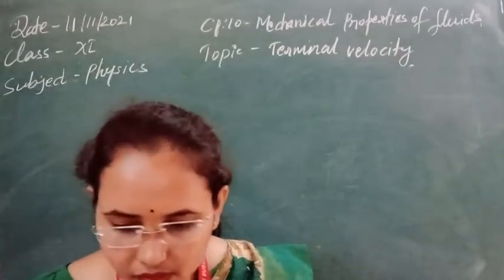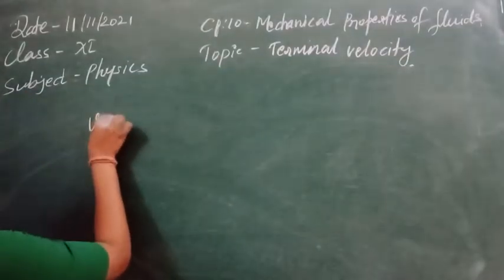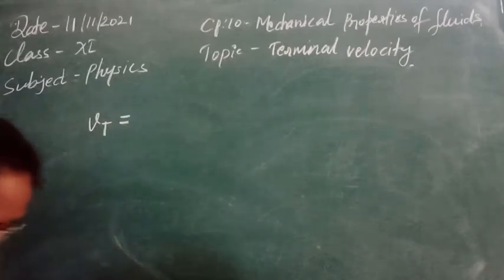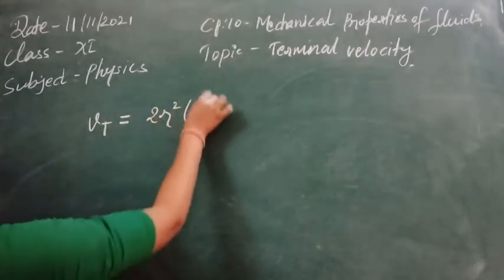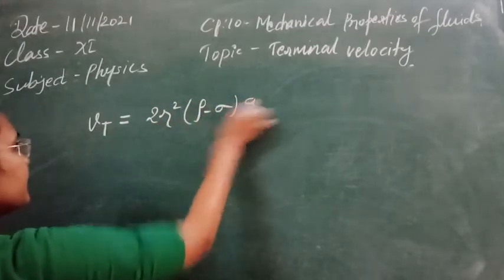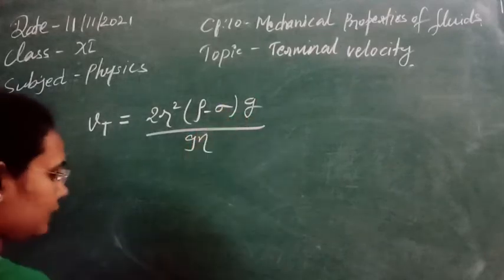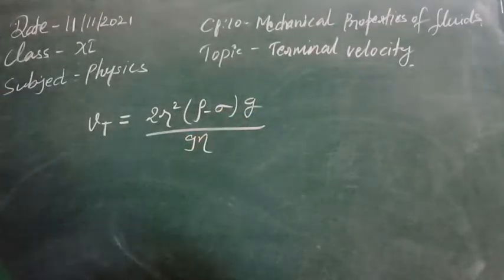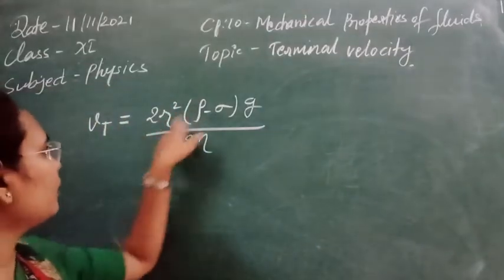Here, the terminal velocity that we calculated in the last class was Vt equal to 2r square (rho minus sigma) into g, divided by 9 into eta. So this is the value of terminal velocity that we have got. Now we can see terminal velocity depends on a lot of factors.